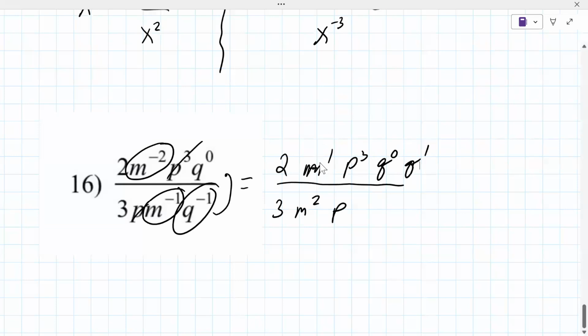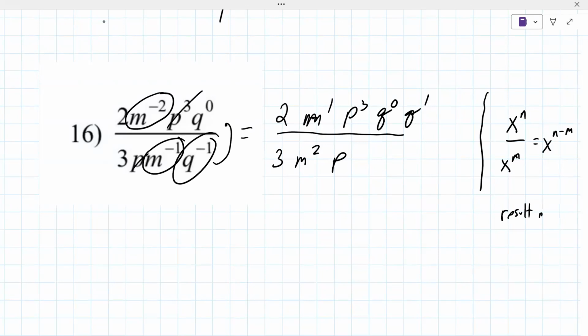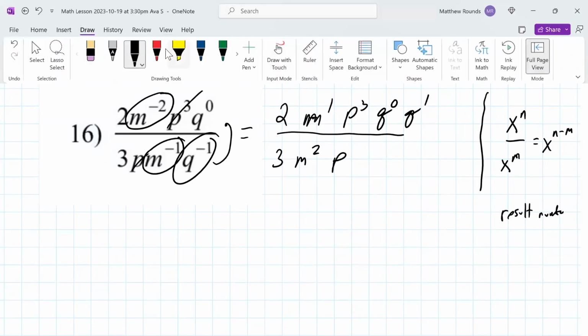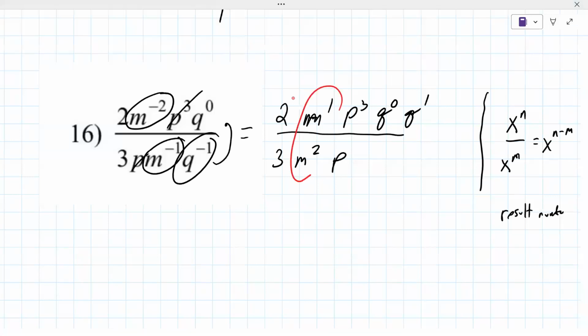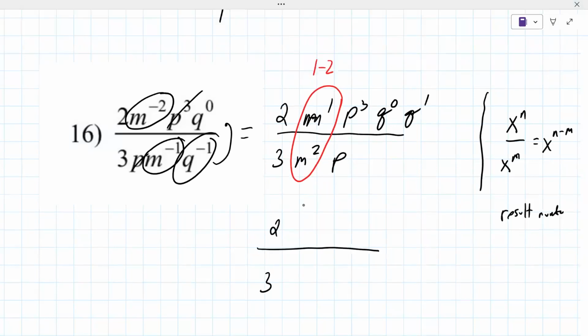So we'll just follow this a little bit here. So new rule: when the bases are the same and you're dividing, you subtract the exponents. But whatever you get, the result goes in the numerator. Okay, so like this first one here, 1 minus 2. What is 1 minus 2? -2. Try again. Oh, sorry, -1.